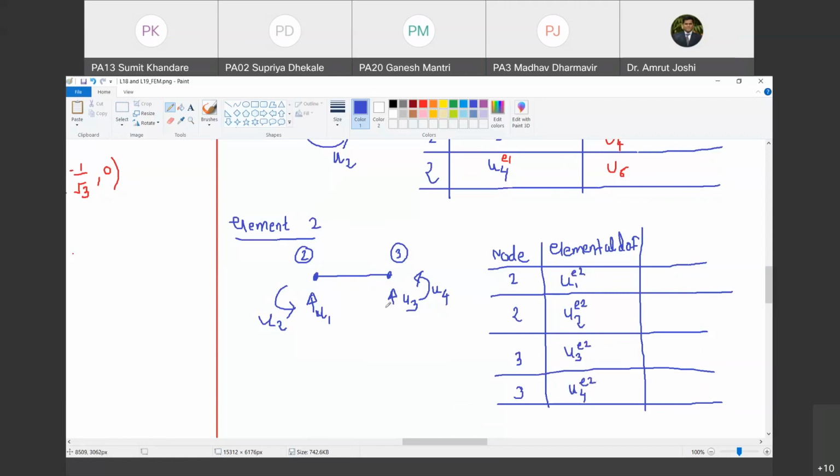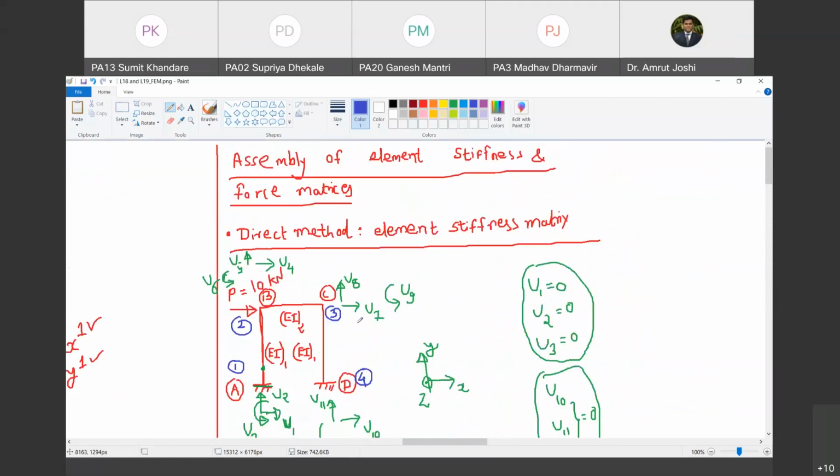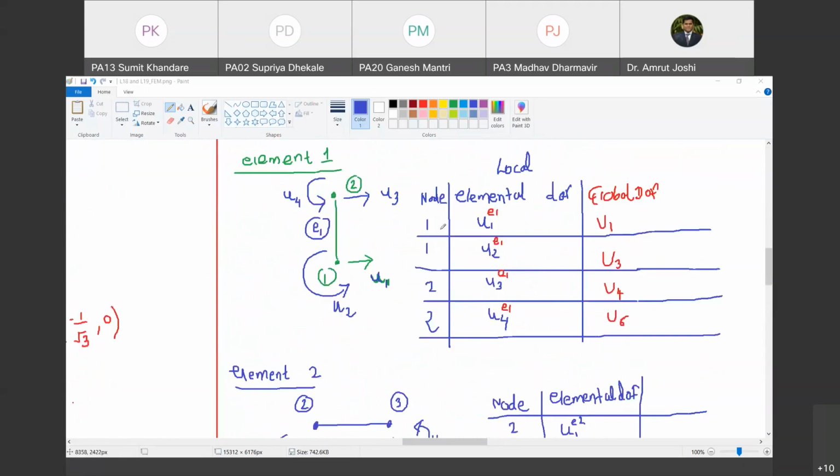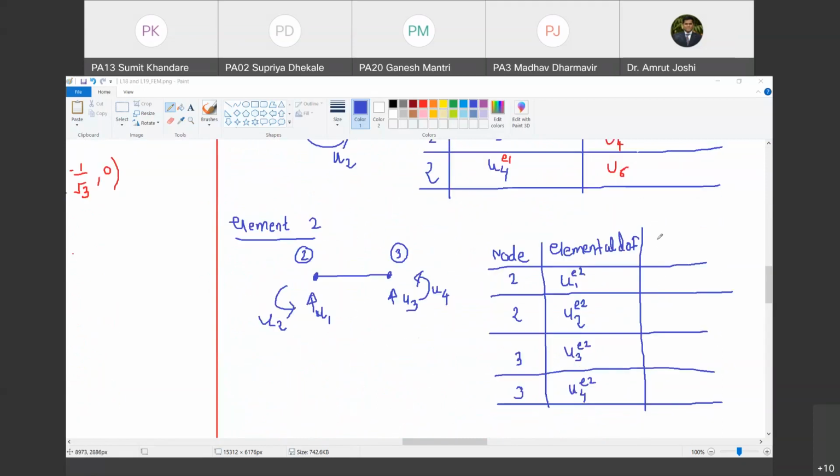Can you tell me U1 maps to which degree of freedom in global structure? U5. Yes, it maps to U5. Even the direction is same. So I'm going to say simply it maps to which global degree? Global degree of freedom. Which global degree? Tell me. U5.